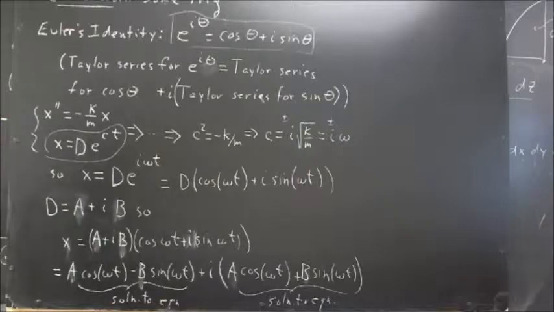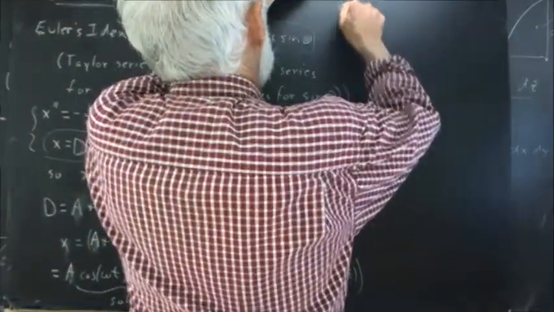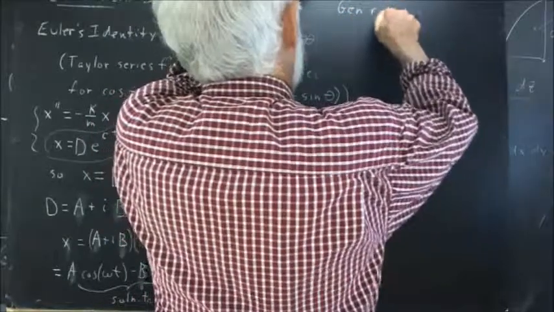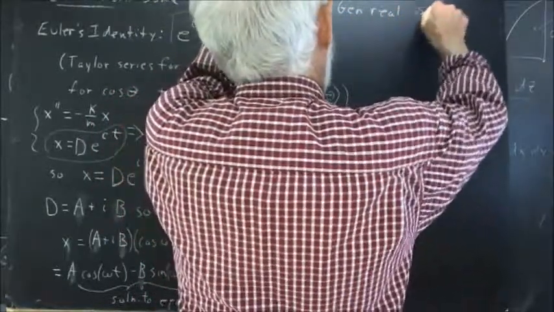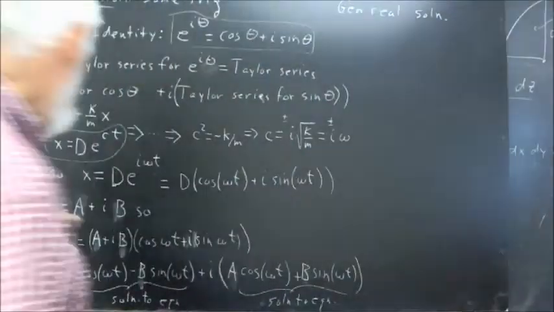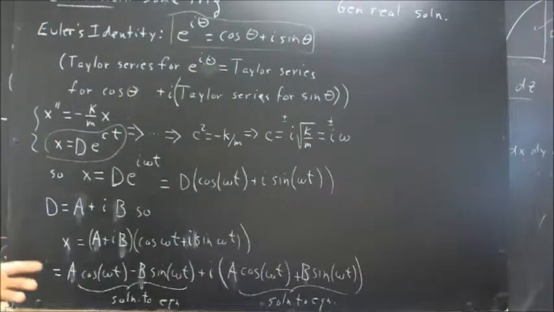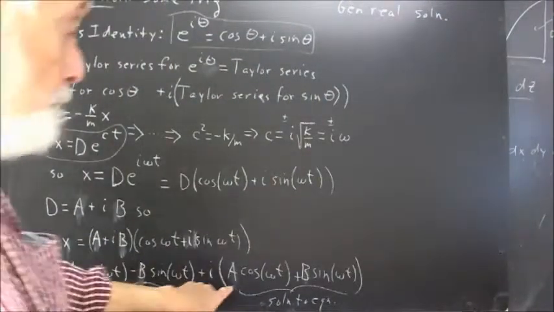You should plug this into the equation and verify it, and you should plug this into the equation and verify it. Now, our general real solution, assuming that A and B are real numbers, is going to be, well, let's use this one here.